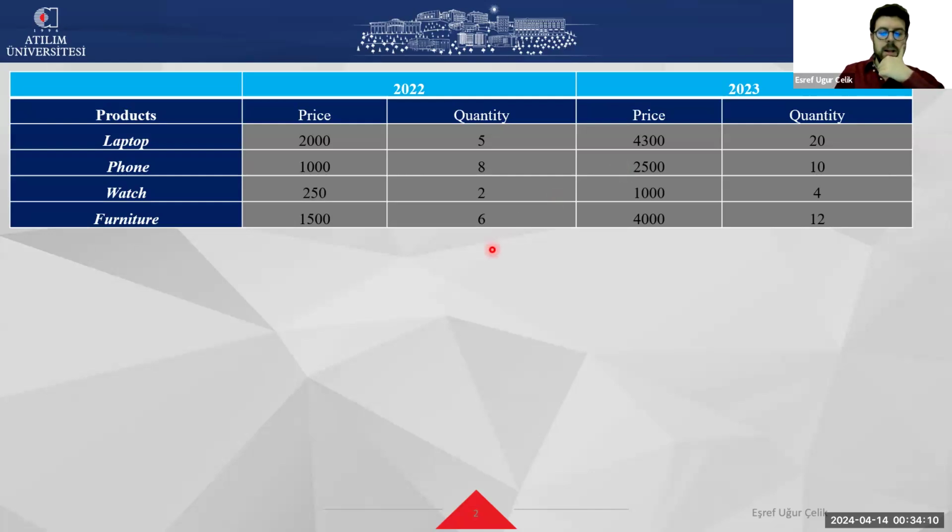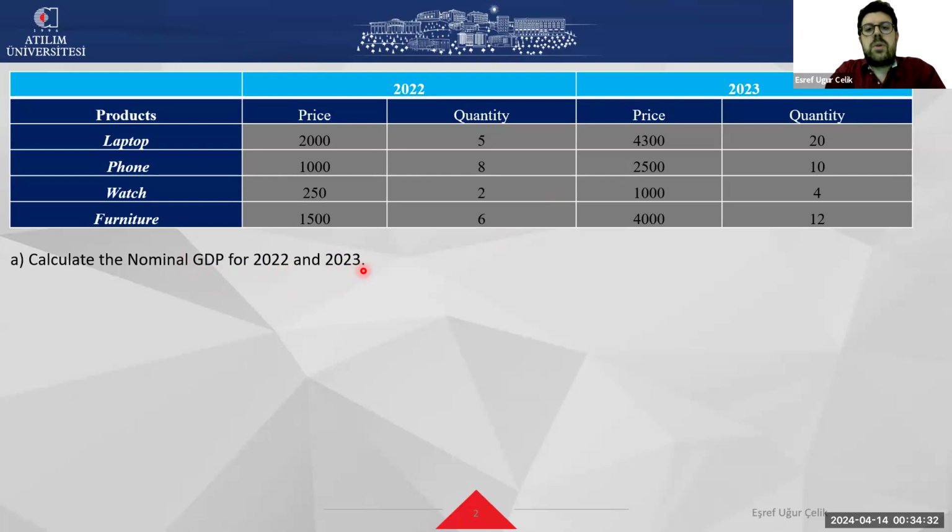Okay, let's start with question A. Question A asks, what is the nominal GDP for 2022 and 2023? So there are 2 questions over there. The nominal GDP is easy to solve.